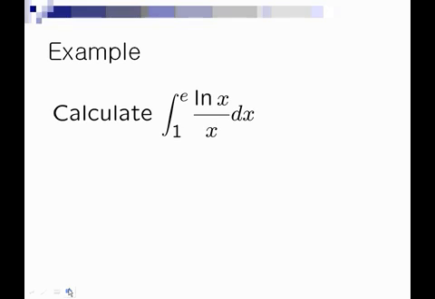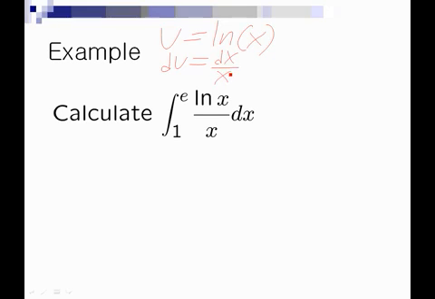This is one I'm going to do 2 different ways. You'll see the other way later. Here we can have our u be an actual logarithm of x. So our du, in fact, will be simply dx over x.